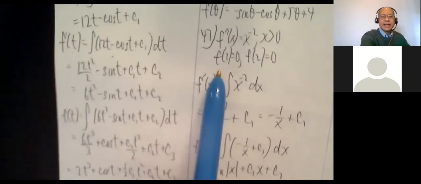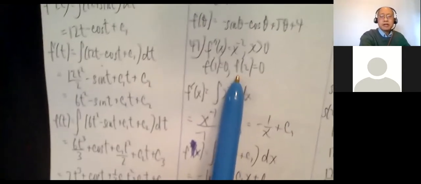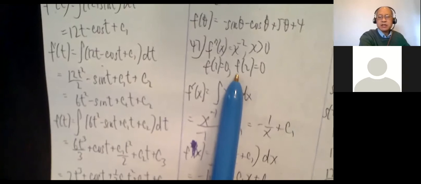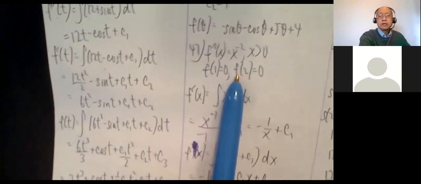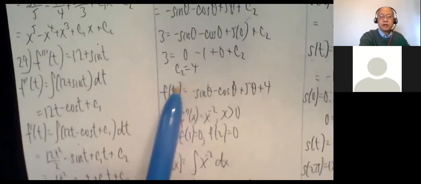Now, I have 2 pieces of information at the f level. F of 1 is 0, f of 2 is 0. I plug them in, and I'm going to get a system of equations, 2 equations, 2 unknowns. So when I plug in 1, I get 0.